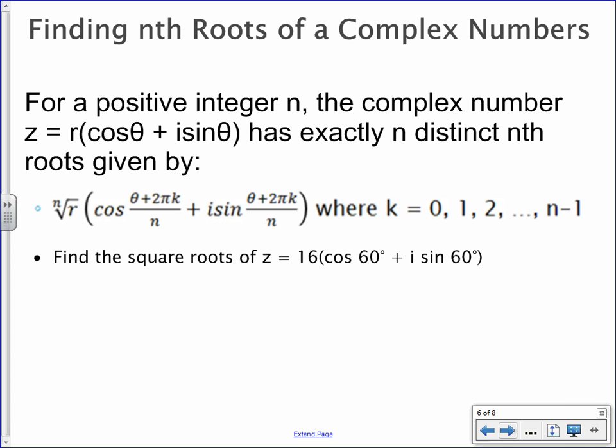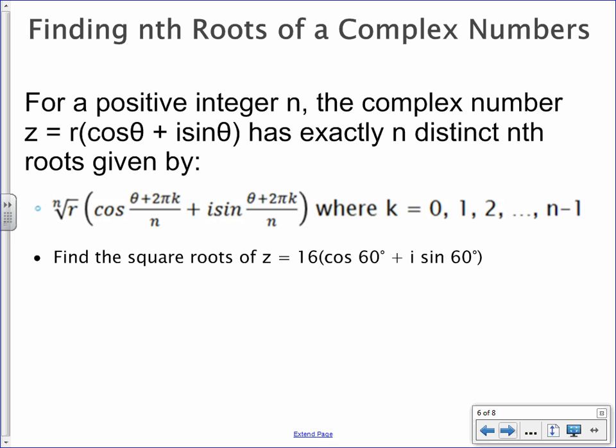So we're going to start off easy. We're going to talk about the square roots of 16 cosine 60 plus i sine 60. How many square roots will there be? There will be 2.